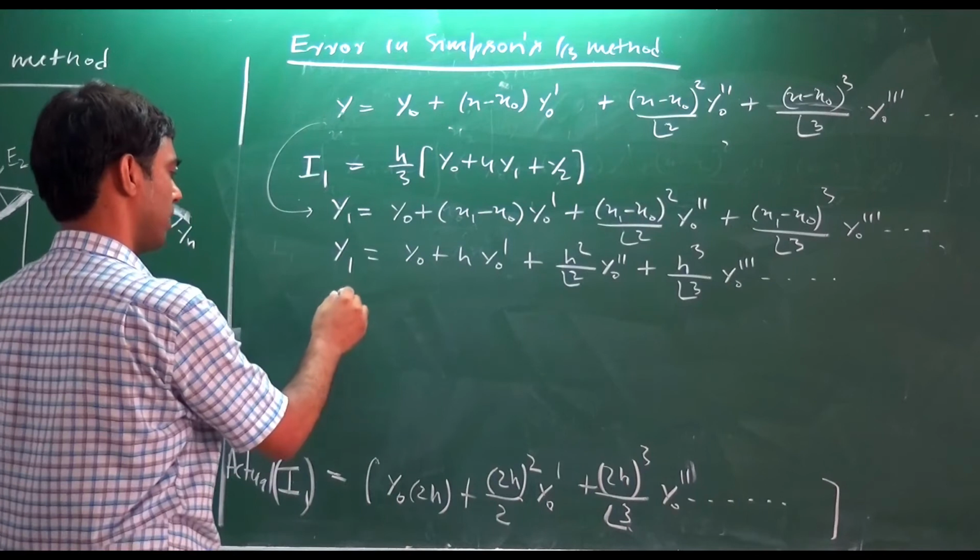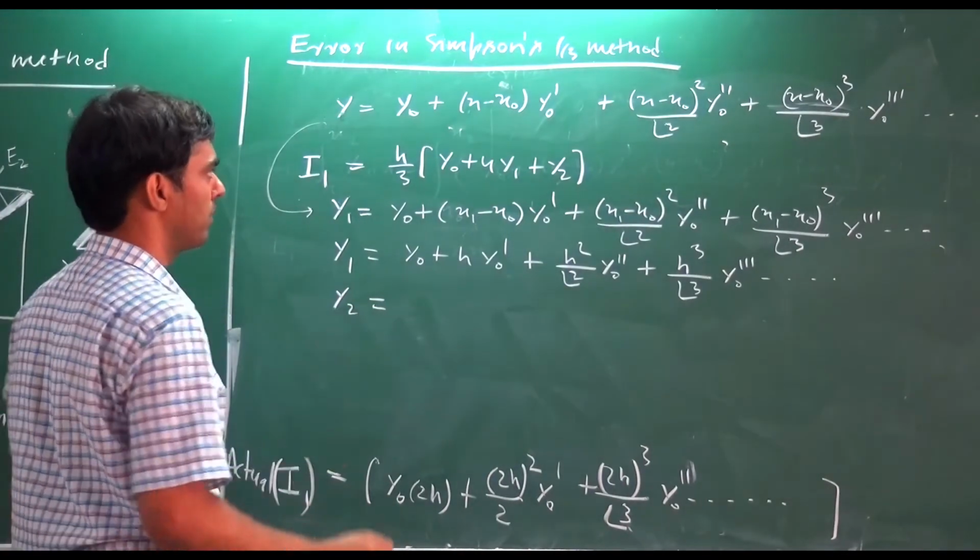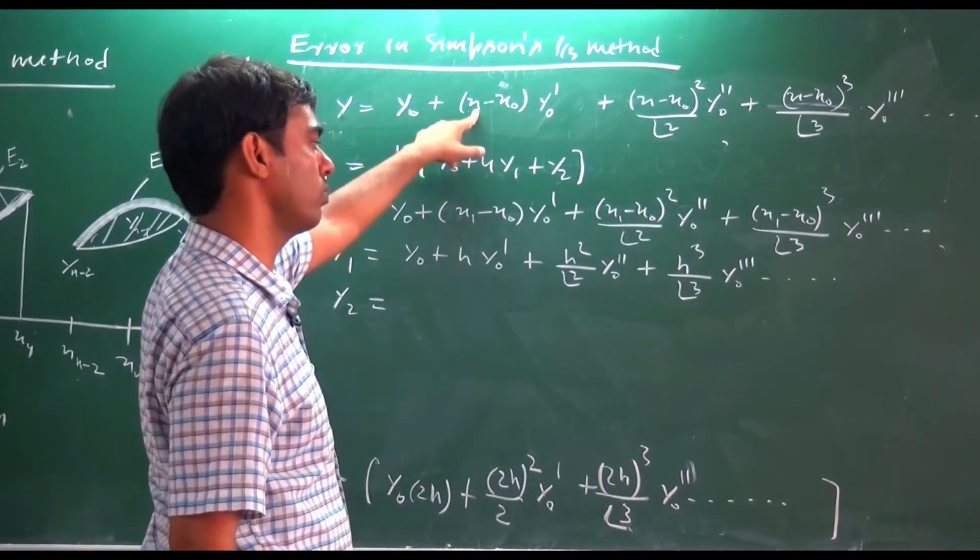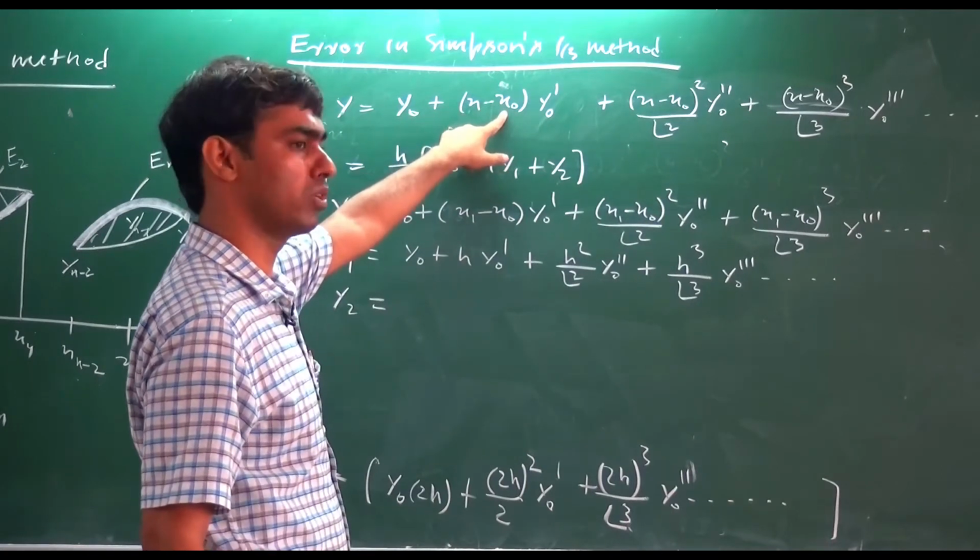And similarly, what is the value for y2? In place of x we write x2, and x2 minus x0 becomes 2h.